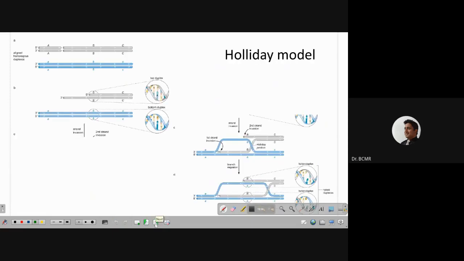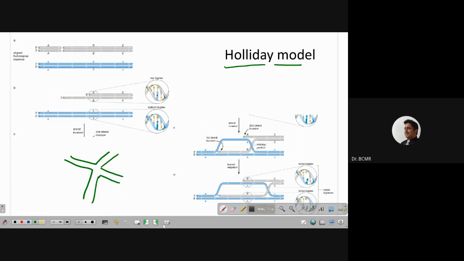So we will go through some ways of understanding how to resolve DNA and how to look at it as a problem and try to solve it. There is a scientist named Holliday who observed something like these junctions when he was doing some experiments on DNA. Since then they were referred to as Holliday junctions.